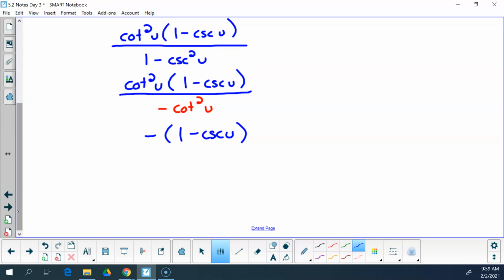Huh? What's cosecant? What's cosecant? One over what? Sine. Yep.